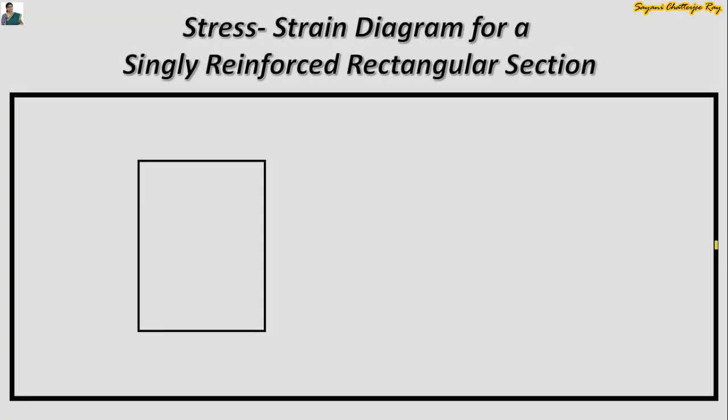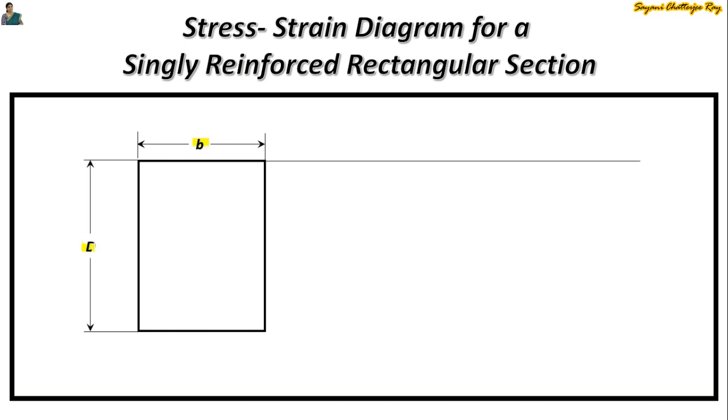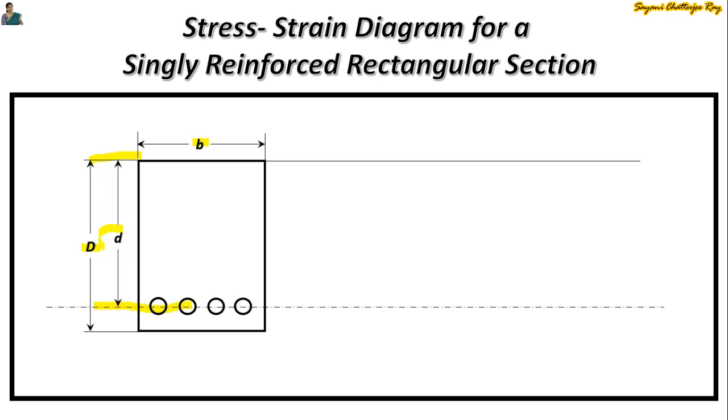Here you can see a beam section has been drawn. For this beam section, small b is the width of the beam. Capital D is the overall depth of the beam. Now for this beam we are going to provide reinforcement bars. The depth from the compression edge to the center of the tensile reinforcement is called the effective depth of the beam.